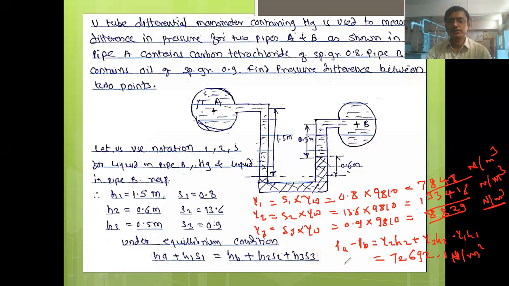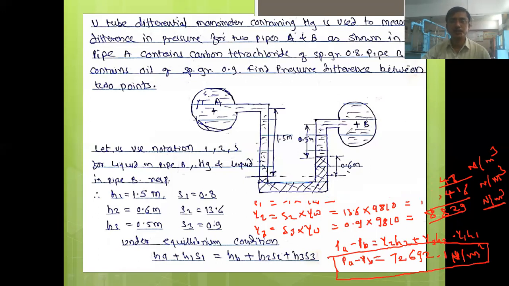Has anyone else got the same answer? Put your answers in the chat box if you have got it. PA minus PB is 72692.1. And now I will solve the same problem using our other method.